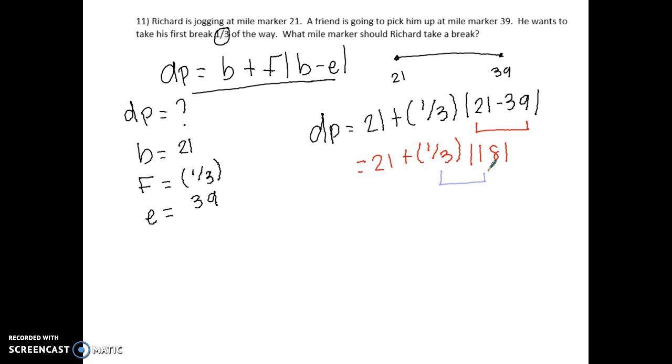So we say 18 times 1 divided by 3 on our calculators, and we get +6. We bring down the 21. 21 plus 6 gives us 27. So we can come up here now and say that our dp is 27.